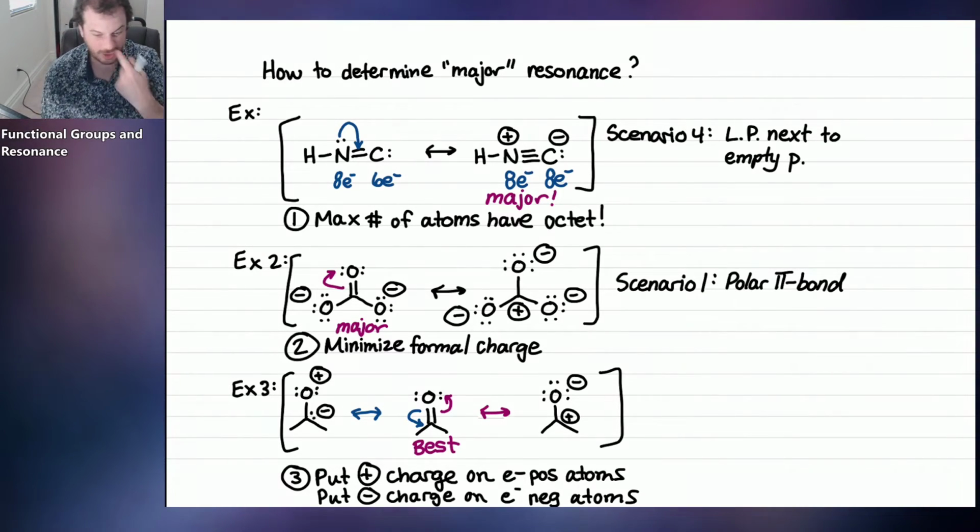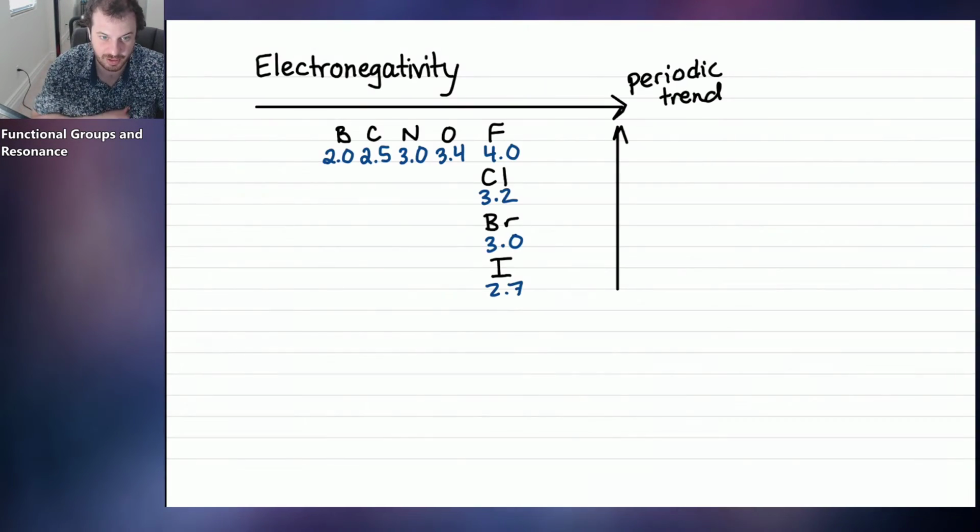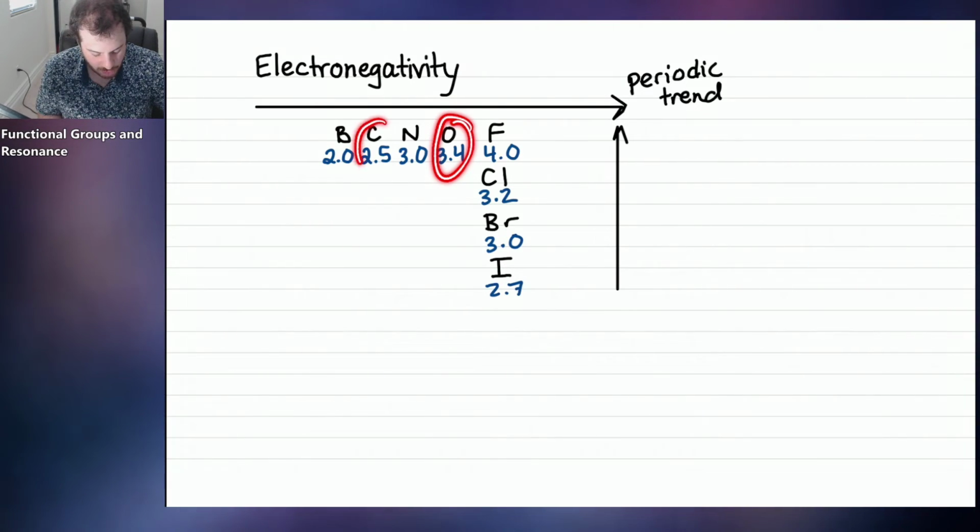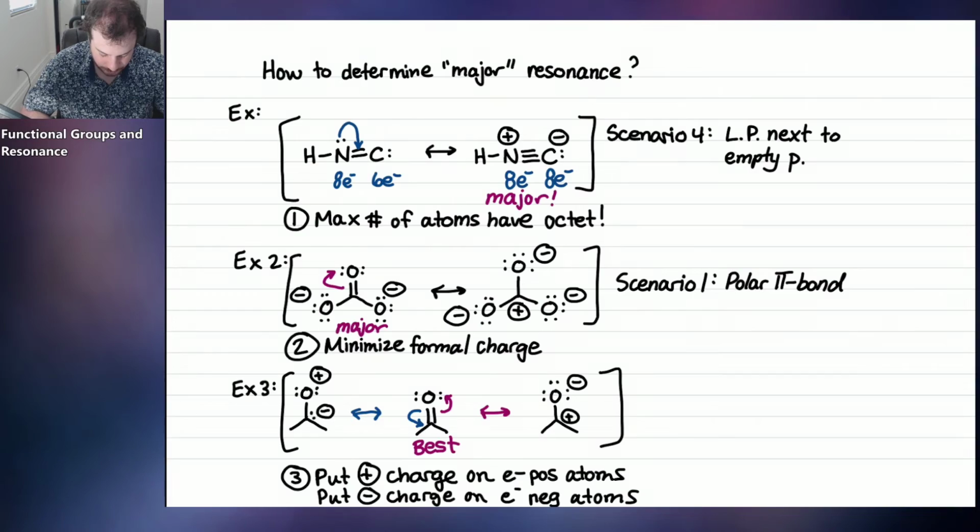And so remember, to determine who's electropositive and who's electronegative, you can look at your electronegativity table, which we looked at back over here. And we can see that we're comparing oxygen and carbon, and oxygen has a higher electronegativity than carbon. So we prefer to put a negative charge on oxygen versus carbon. So if we go back to where we were, which resonance structure puts a negative charge on the most electronegative atom?